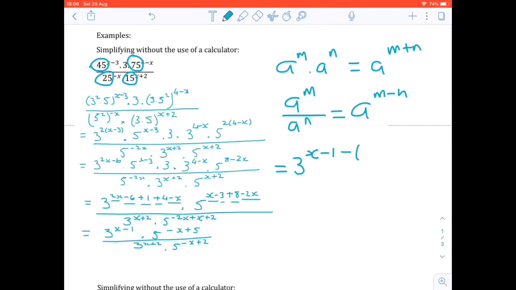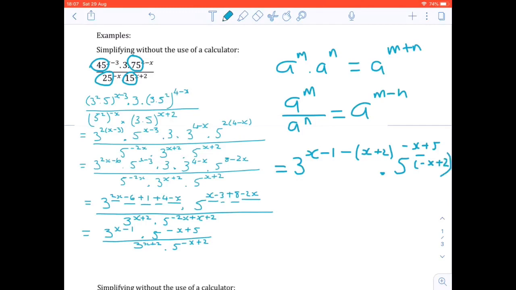Make sure you put this in a bracket. Minus x plus 2, times 5 to the negative x plus 5, minus our denominator, minus x plus 2.